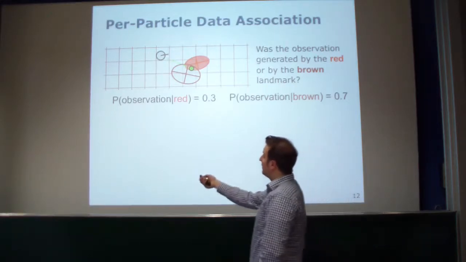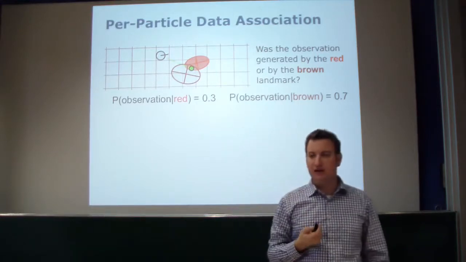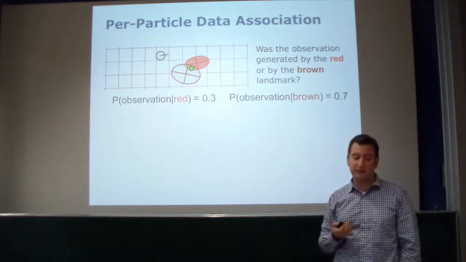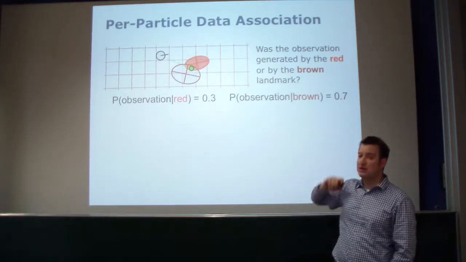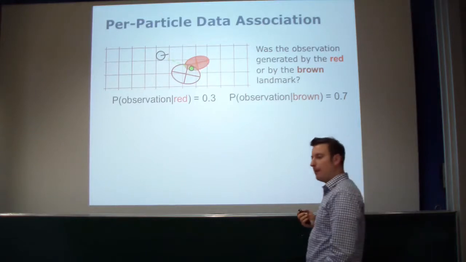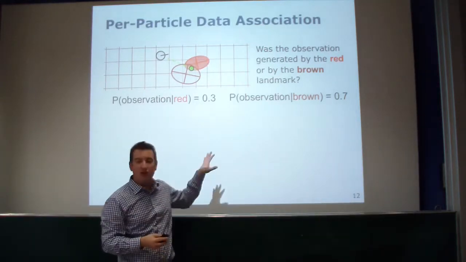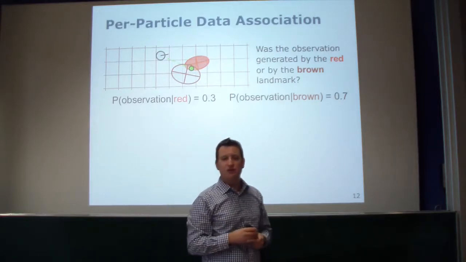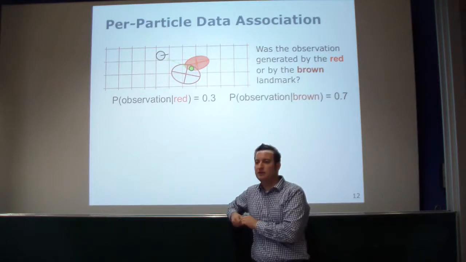Let's say the observation likelihood given the map, given the red landmark, is in this case 0.3, and the probability for getting that observation given it is the brown estimate is 0.7. So what would be good ideas, given this information, to actually make the data association? What would be good strategies from your point of view?